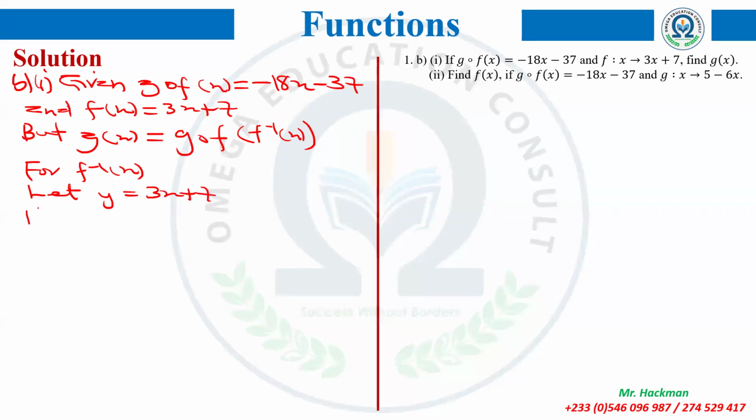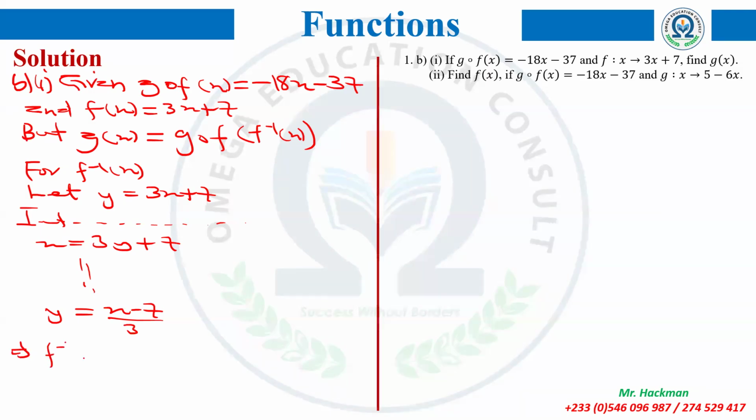So you interchange x and y, which I won't write out because of time. You are going to get x is equal to 3y plus 7. Then you make y the subject. So if you make y the subject, you are going to get y equal to x minus 7 over 3. I've skipped all that. So this implies that your f inverse will be equal to x minus 7 over 3. Is that clear?